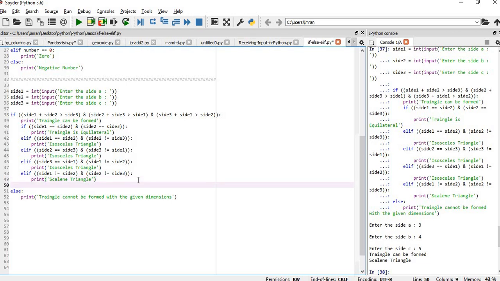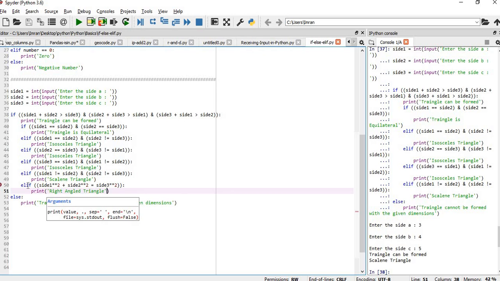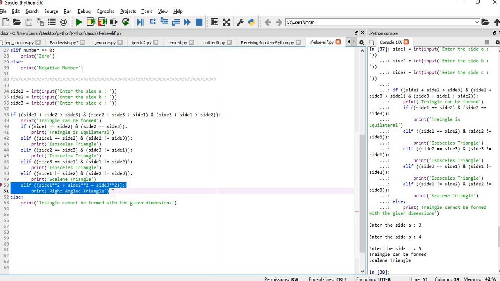So in that case, we can say elif side 1 square plus side 2 square is equal to side 3 square. Then we can print right angle triangle.